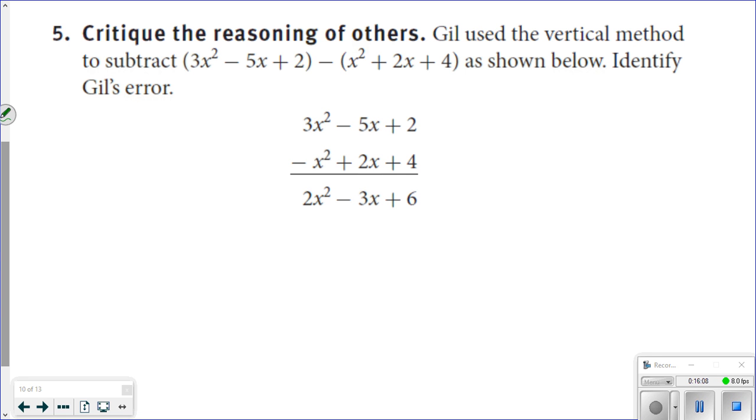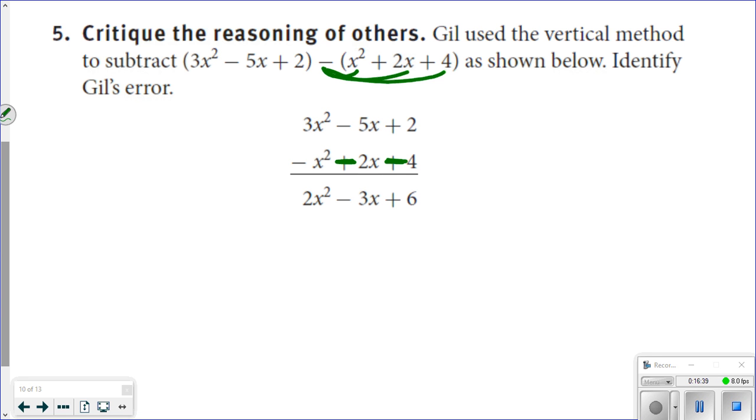The addition and subtraction part is correct. But in the very beginning, did Jill distribute the negative? No, not to each term. So this should be negative x squared and a negative 2x and a negative 4. So both of these terms should have been negative.